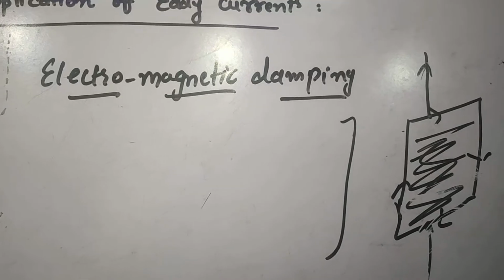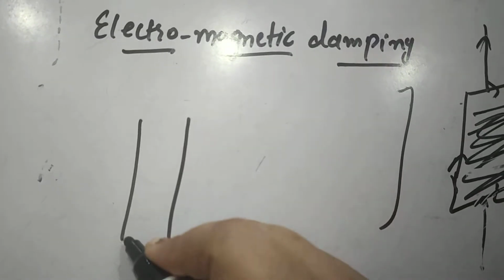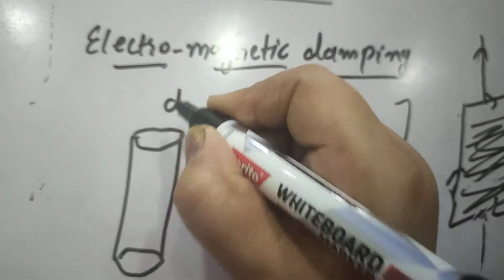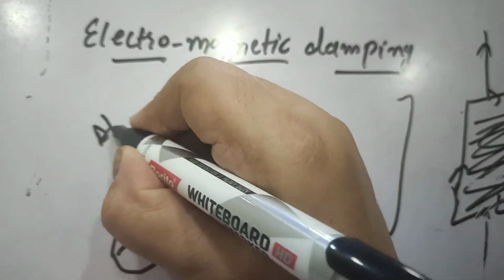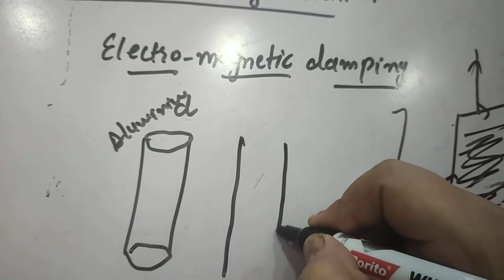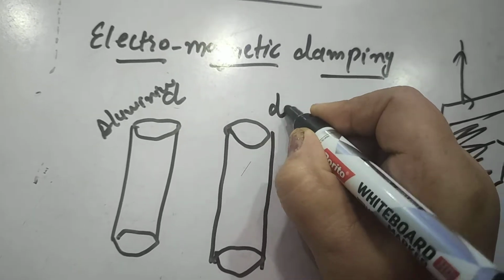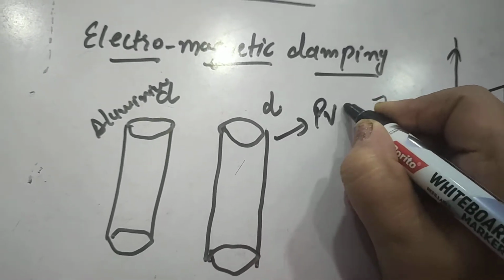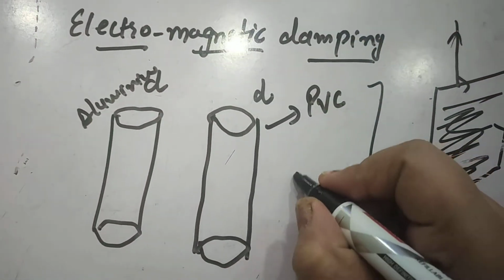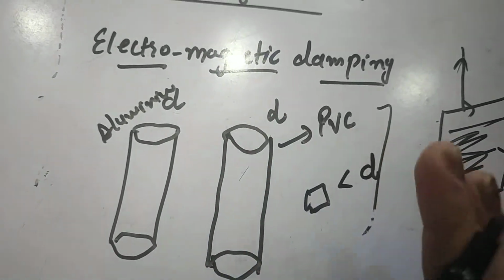This can also be understood by an experiment. Let us take a pipe of some diameter, suppose D, made of aluminium. Take another tube of the same diameter D, made of PVC, a plastic body. We have a magnet of size less than the diameter of the pipe.